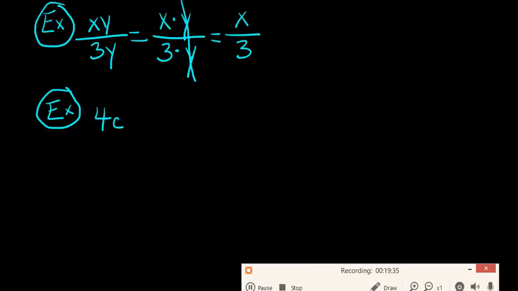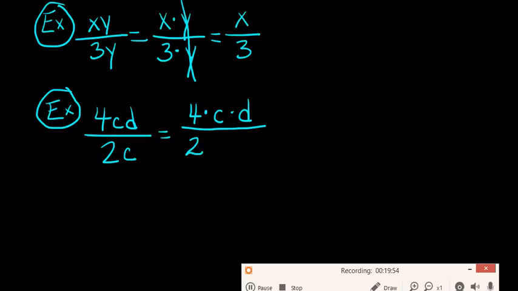Let's separate that out so we can see it a little bit easier. I'm going to say 4 times c times d over 2 times c. And since there's not another one, I'm just going to put a 1 there. We know it's there anyway, just to help us see what is going to factor out.